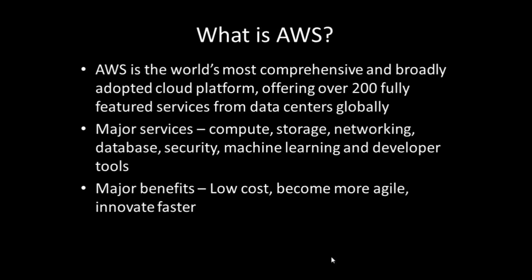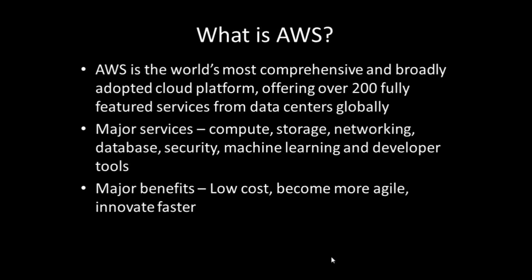Basically, it is totally configurable, so that you get the system or the service as per your configuration and as per your requirement. And you innovate faster because AWS provides you a lot of readily available services like with respect to machine learning or AI or IoT, which you can just plug and play and make your application or the product ready in a very short amount of time. So these are the major benefits while people are going for AWS or even for any other cloud platform.